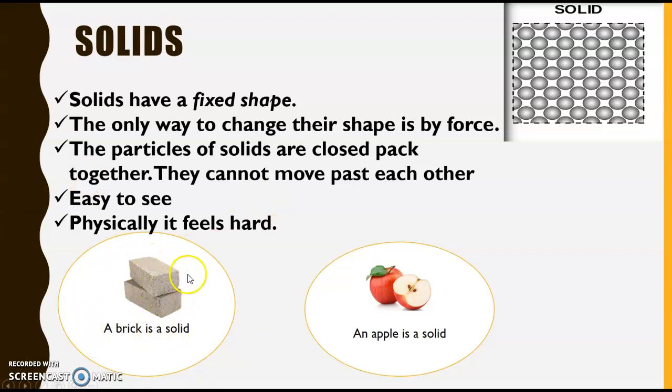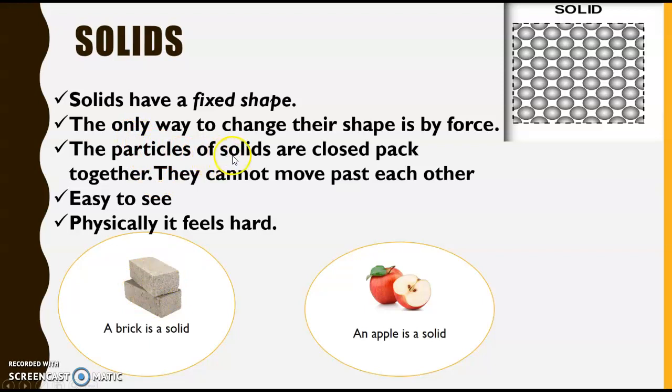They have a fixed rectangular shape. Now, if you want to change the shape, you have to use force. You might need to go fetch a hammer to hammer the brick, and maybe it'll change its shape.